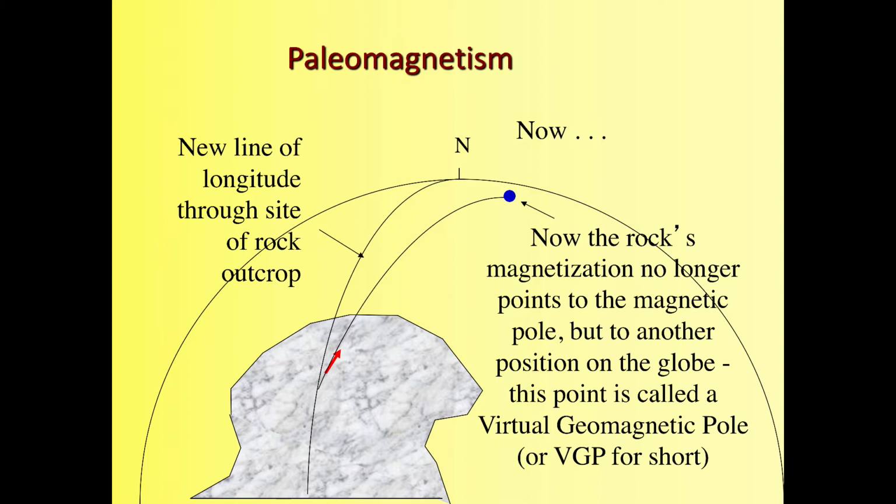It's called a virtual geomagnetic pole. And we folks in Paleomag refer to this as a VGP, because naturally we want to reduce everything to initials. So the blue point is the VGP. This is the North Pole right here, and the fact that they are different we interpret as meaning that the continent has drifted.